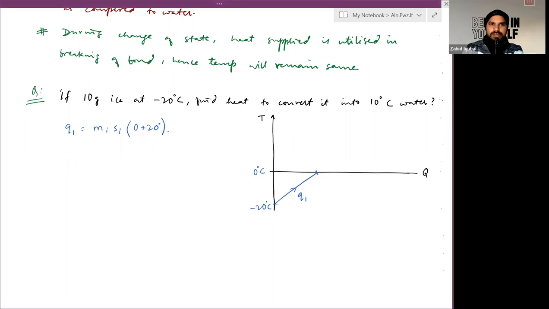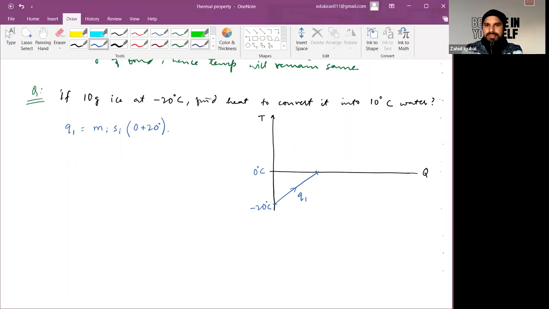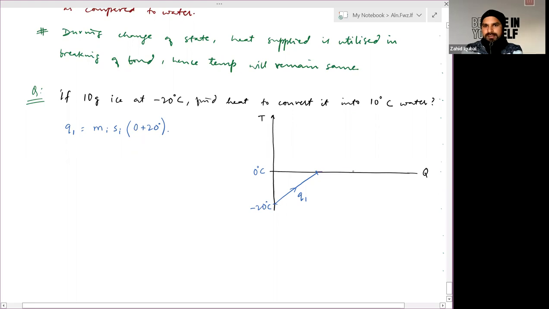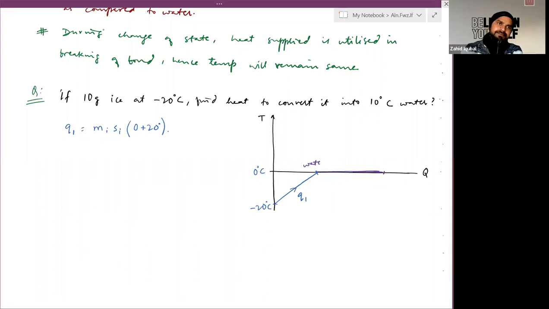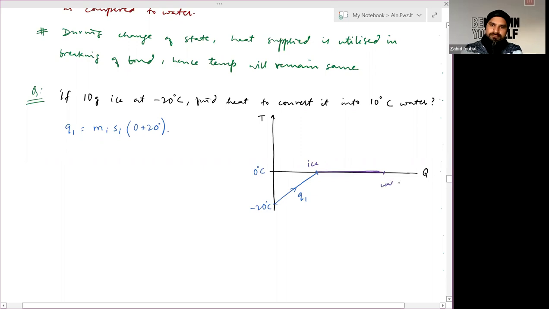Further, it will require heat to change its state from ice into water. We call this Q2, that is latent heat of fusion, conversion of state from solid into liquid.